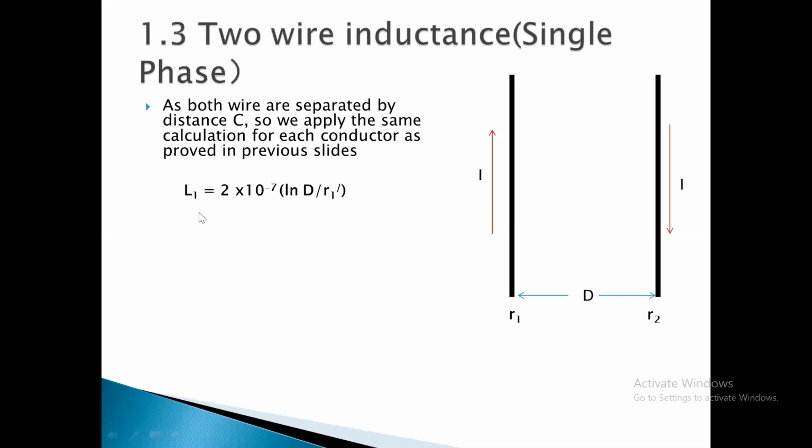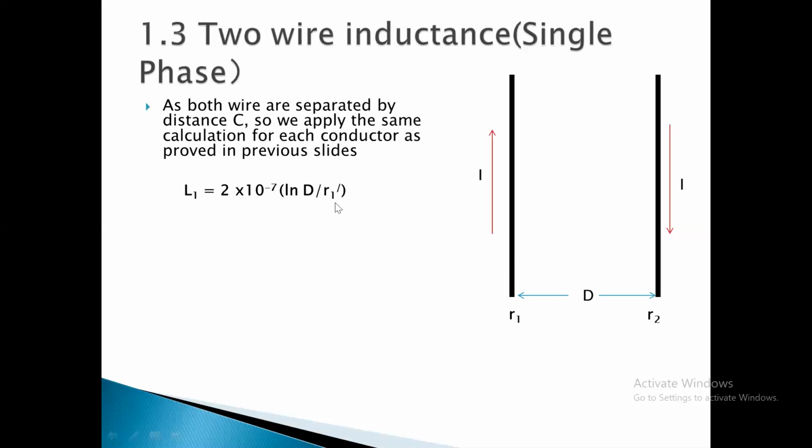Here the same equation: L1 is equal to 2 multiplied by 10 to the minus 7 natural log of D divided by r1 dash, which is the effective radius. So this is not the real radius. To get the effective radius, we have to multiply the real radius with 0.7788.